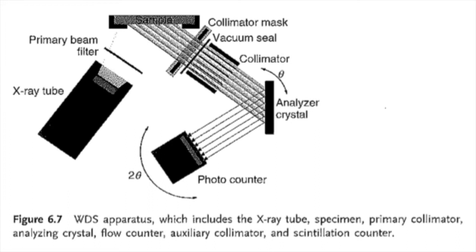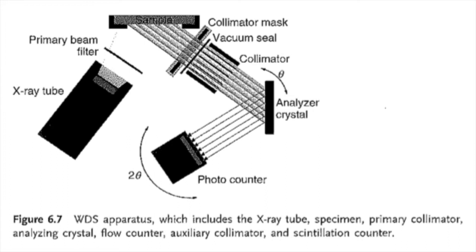And so the reason that there's some complication is obviously this kind of puts two pieces of equipment together, a diffractometer and the spectrometer. And so it's complicated because we have to scan over a range of theta values just like we did for diffractometers. And so that means that if we only have one analyzing crystal, we have to scan through the entire range, and that can take time.